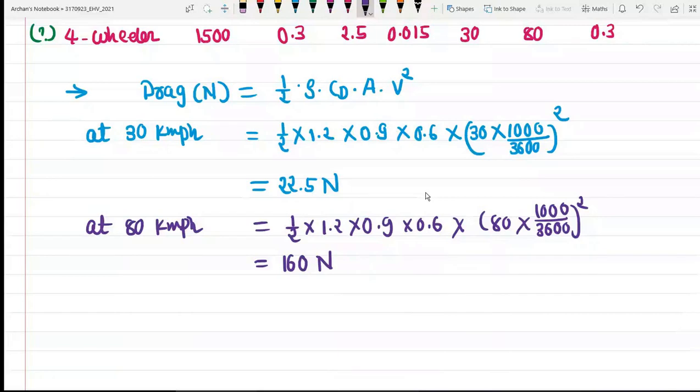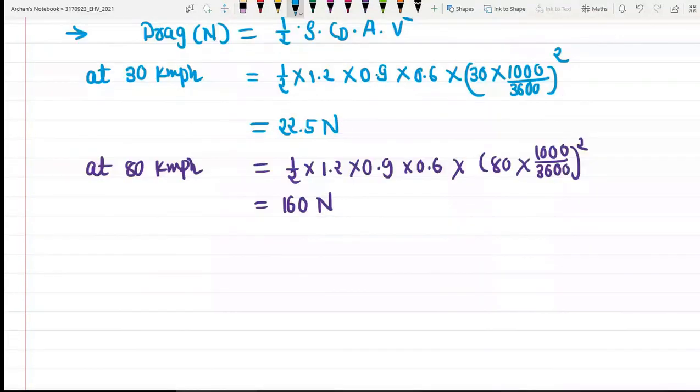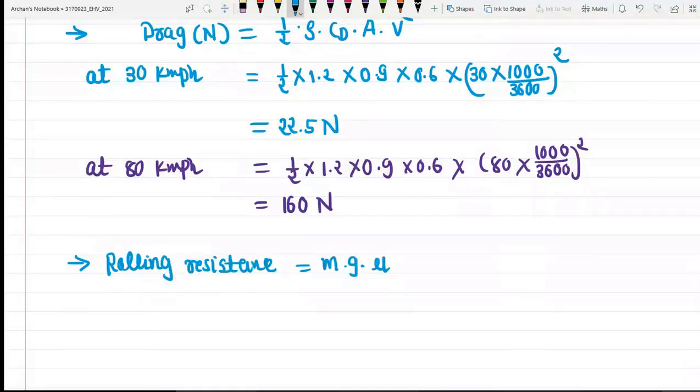Now let us talk about the second parameter, which is rolling resistance. We know that rolling resistance is given by mg mu cos theta. But as we know, cos theta is approximately equal to 1, so we neglect it and consider only the equation mg times mu.